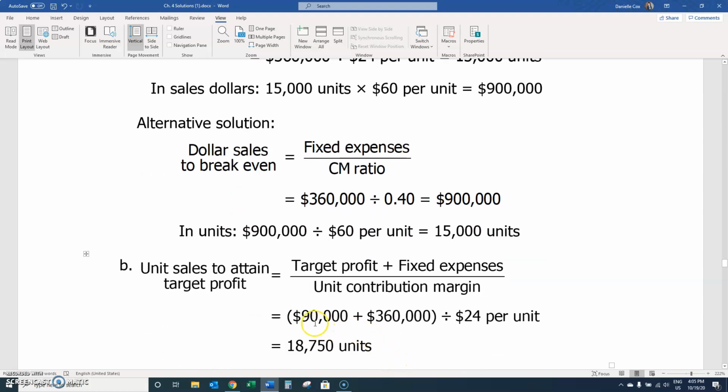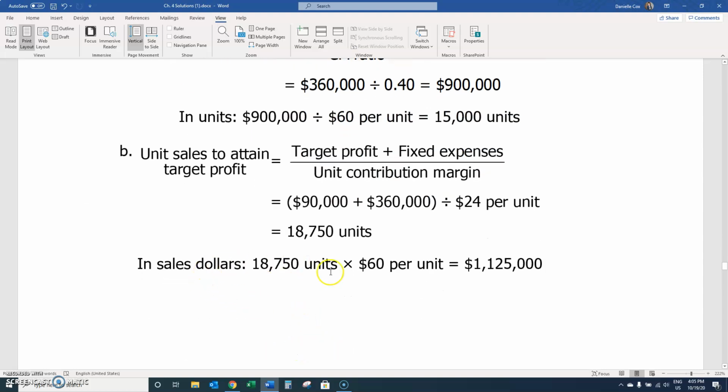So the target profit was 90, fixed expenses were 360. Each unit you sell is contributing $24. So you divide by 24, and the total number of units you would need to sell is 18,500. And again, the number of units times the dollars in sales per unit would give us how much sales we need to get this $90,000 profit.